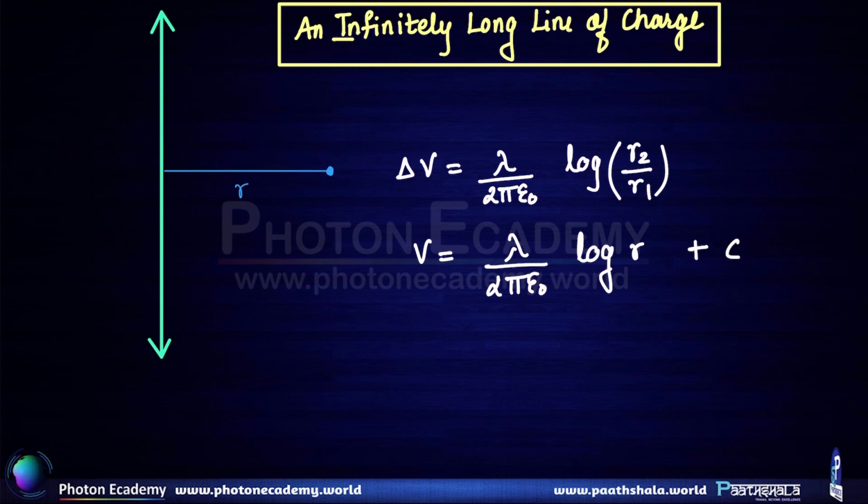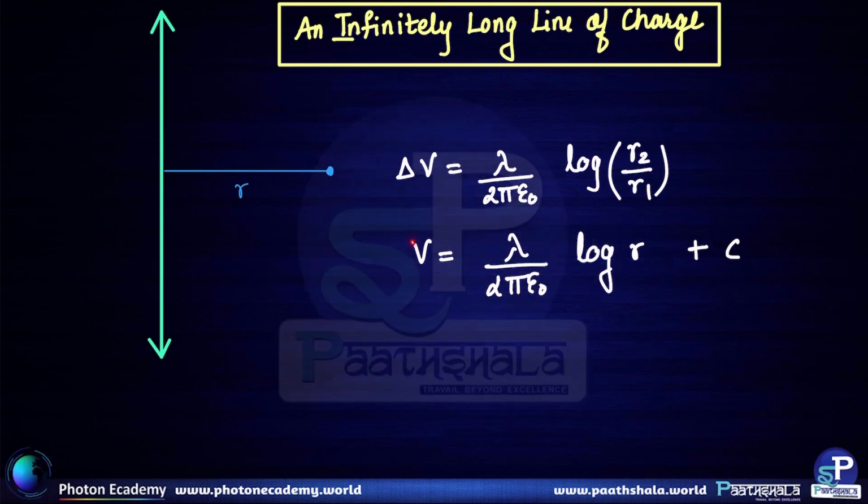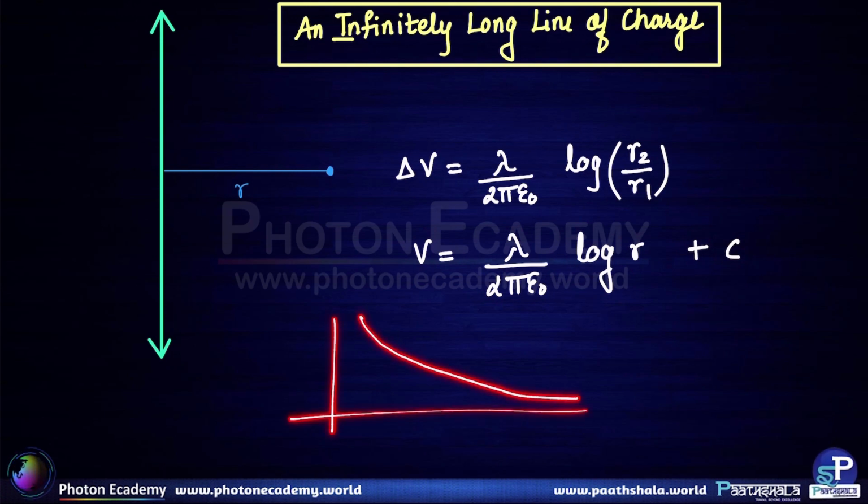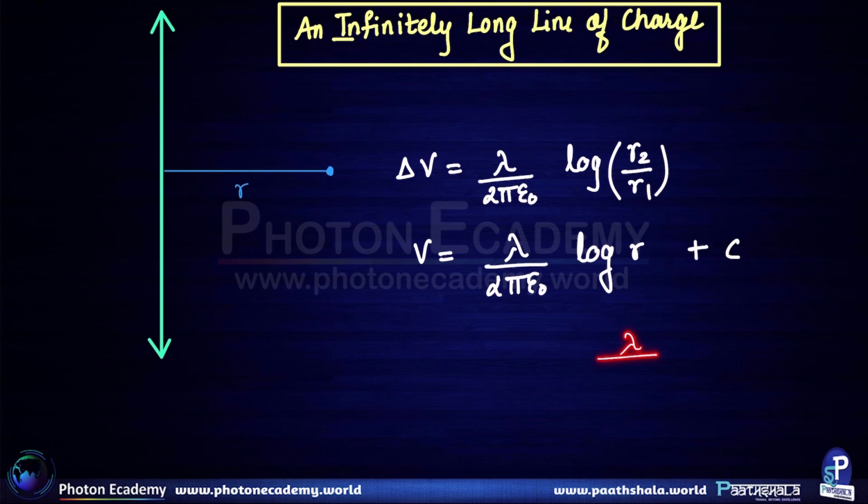Now let us say we wanted to not compare the two different points r1 and r2. In that case we can just write V = λ/(2πε₀) log r + C. Now at infinite distance from this infinitely long charge, the electric field is diminishing. So the electric field will go down like so, and the expression for the electric field is λ/(2πε₀ r).